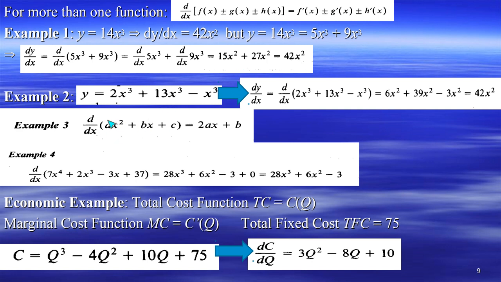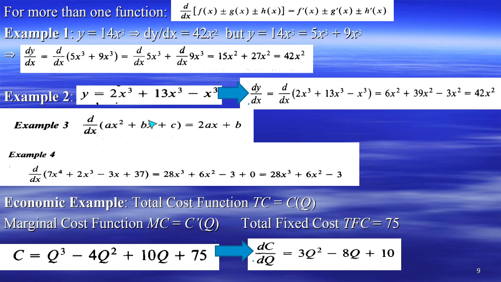What is interesting are polynomials, derivatives of polynomials, any polynomial. For instance, if we have a quadratic polynomial such as a times x squared plus b times x plus c, its derivative will be very easy. Just put 2 in front of a times x, so 2 times a times x to the power 2 minus 1, we reduce it by 1, so x to the power 1.